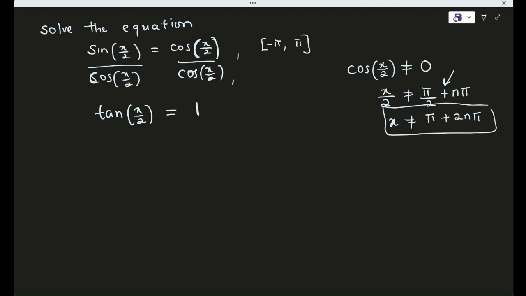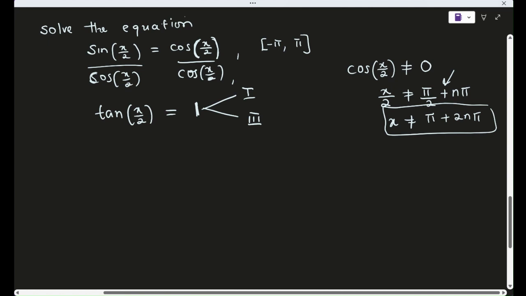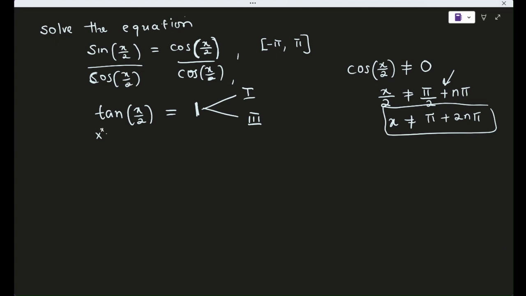If we solve this now, let's concentrate on this one. This is 1, so we know that we're either in the first quadrant or in the third quadrant. Why? Because tan is positive in these quadrants. So the angle in the first quadrant whose tan is equal to 1 is nothing but pi over 4.